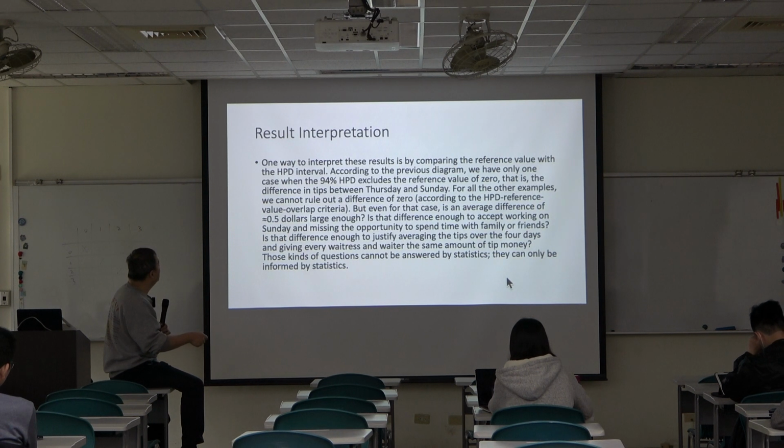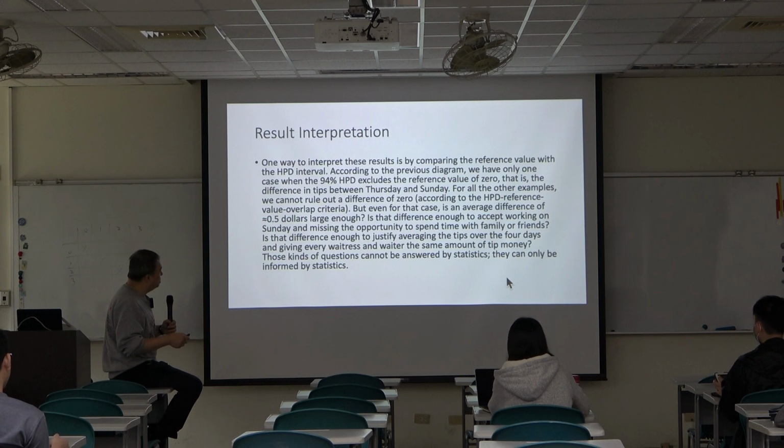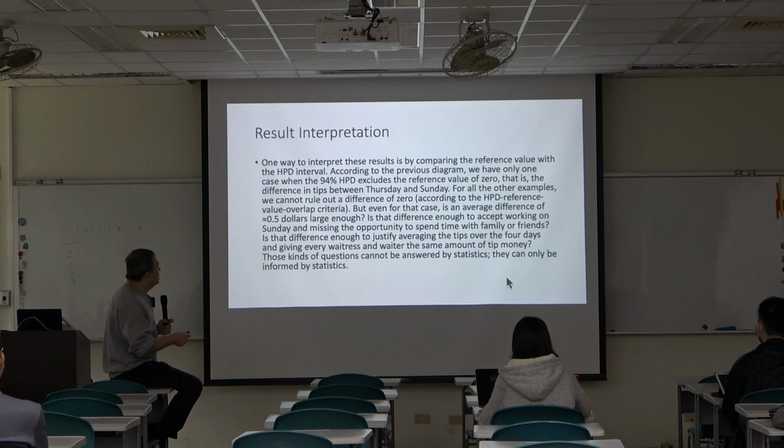So that is the difference in tips between Thursday and Sunday. For all the other examples, we cannot rule out a difference of 0, because the 0 is still inside the 94% HPD. So even for that case, is an average difference of $0.5 large enough?